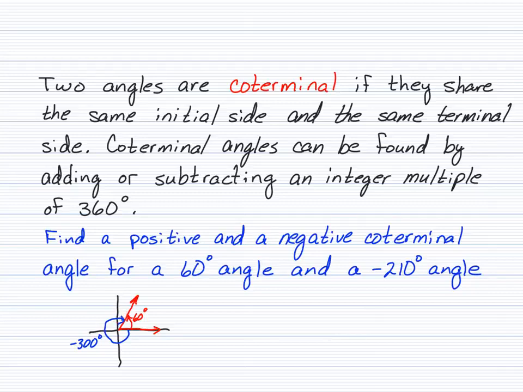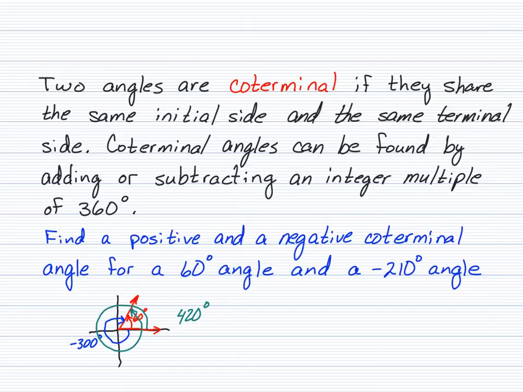Now, another way to get a coterminal angle would be by starting here and rotating all the way around and then coming back to here. That would be 420 degrees because we went the 60 degrees, but then we went a whole other circle, which would be another 360 degrees. And so that gives us a total of 420 degrees.